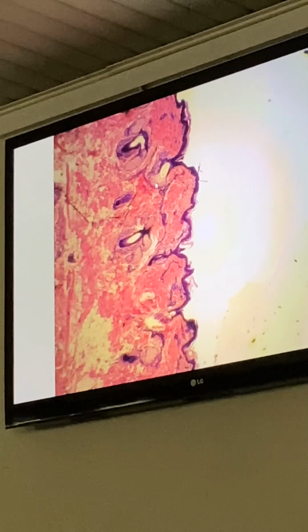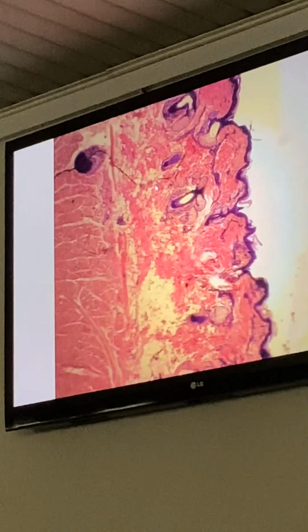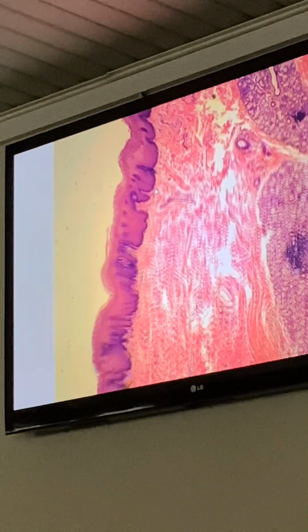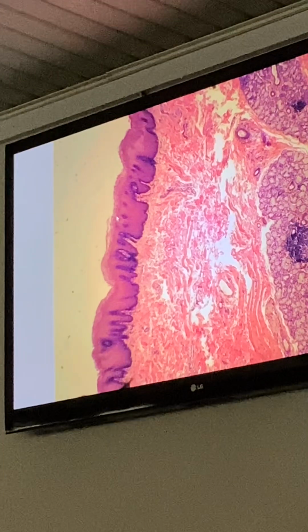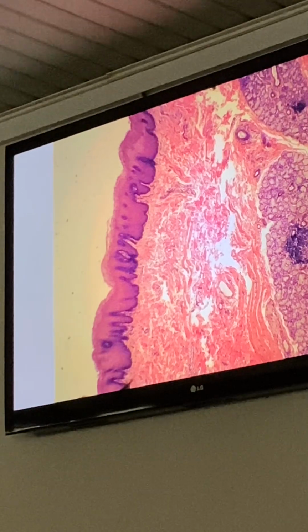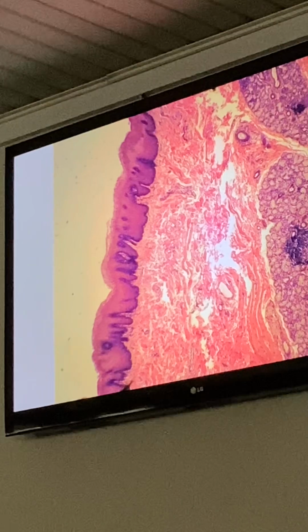While the inner surface of the lip, mucosa, is stratified squamous epithelium, non-keratinized. Beneath the mucosa, this is the loose connective tissue of lamina propria.